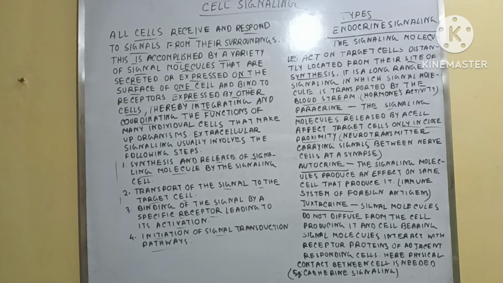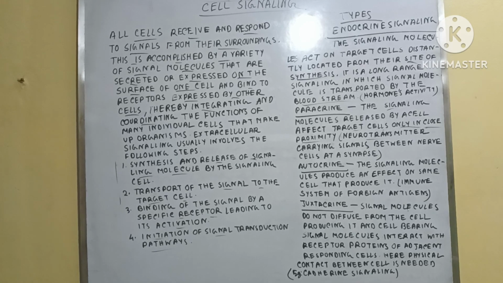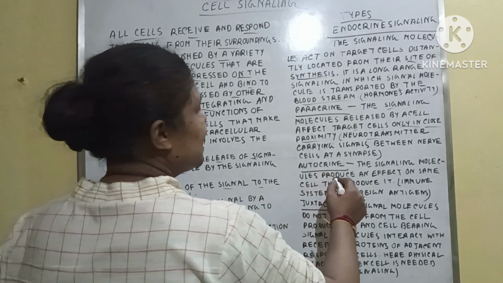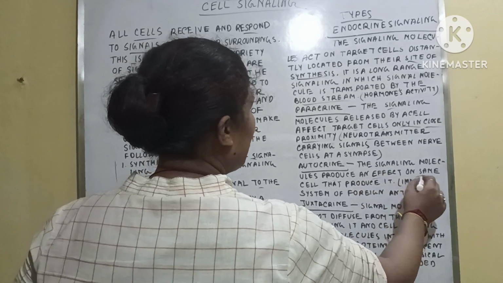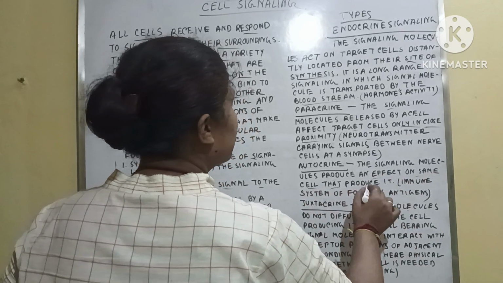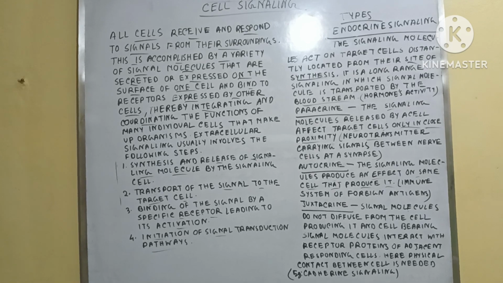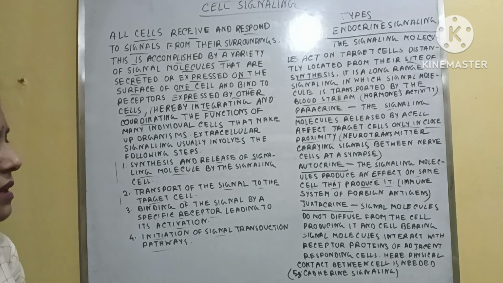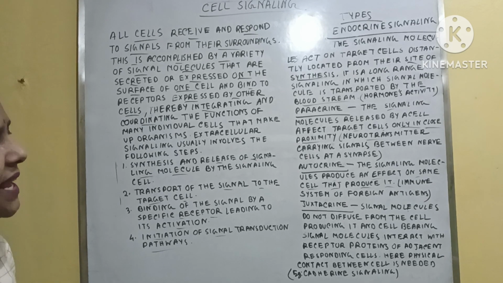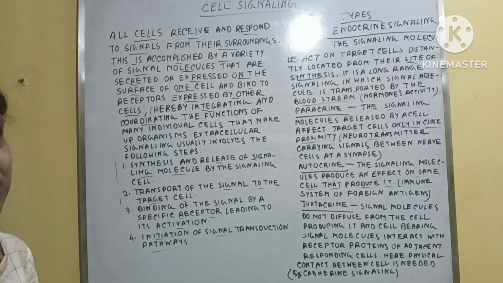Third one is the autocrine. Autocrine is what? The signaling molecules produce an effect on the same cell that produces them. That means one cell produces the signal, and obviously the effect also goes to that particular cell. So here an example is the immune system and foreign antigens.